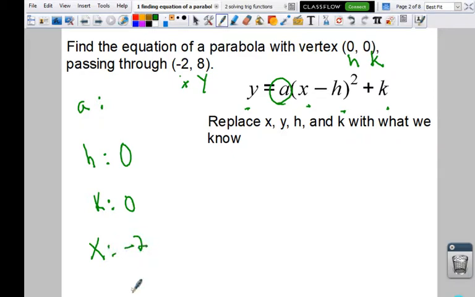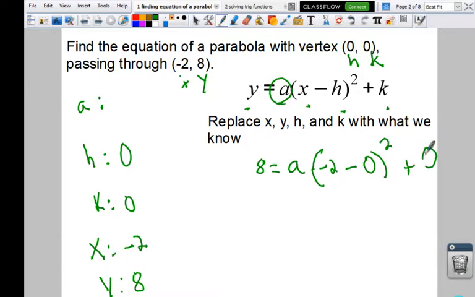So x is -2 and y is 8. I'm going to fill all these numbers in, and use that to find a. So instead of y, I'm going to say 8 equals a, because I don't know what a is, so I'm going to solve for it. For x, I'm going to plug in -2, minus h is 0, and I got my square, and then plus k is 0.